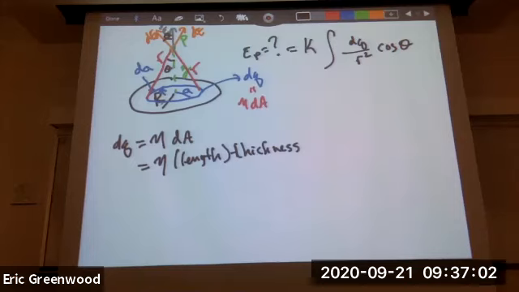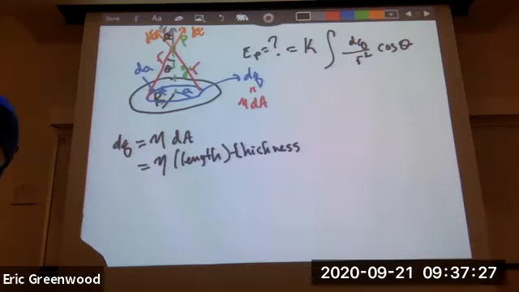So if I have a ring, again, let me make my ring here. The thickness of this ring is simply da, and a is the radius of this ring. So if I want to know the area contained in this ring, all I have to do is take the length of this ring times the thickness of this ring. The thickness of this ring is simply da. What's the length of this ring?